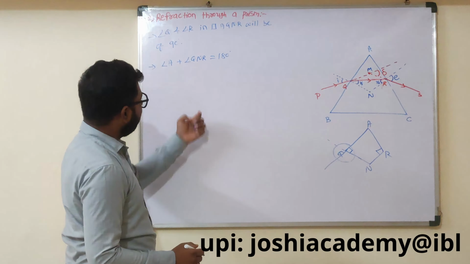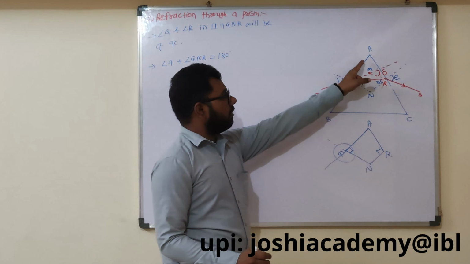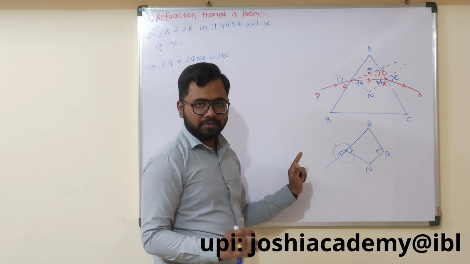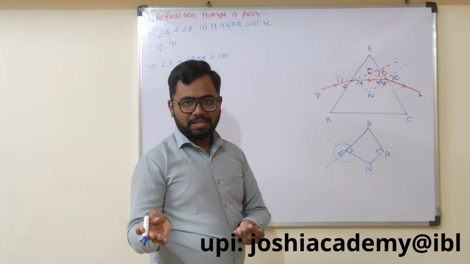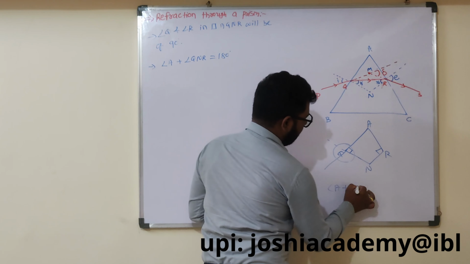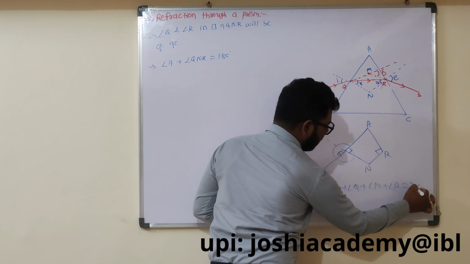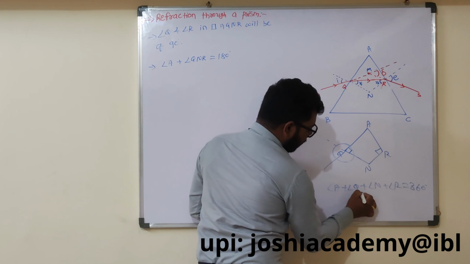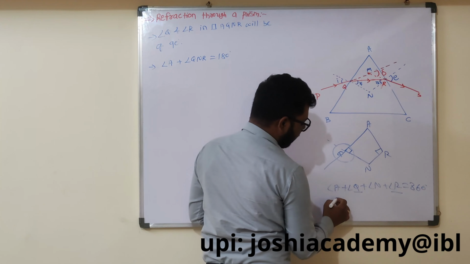Correct? If you don't get this equation, it is nothing but the summation of all the angles of the quadrilateral. We know that the summation of all the angles of a quadrilateral will always be 360 degrees. So it is nothing but angle A plus angle Q plus angle N plus angle R is equal to 360 degrees. Now we know that Q and R, this and this, are 90.